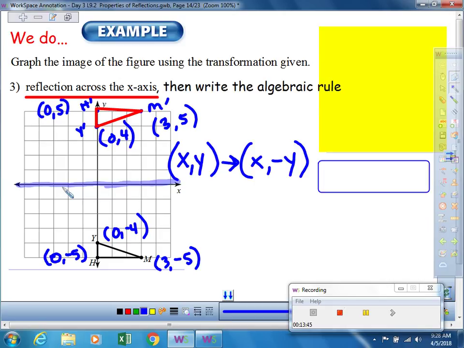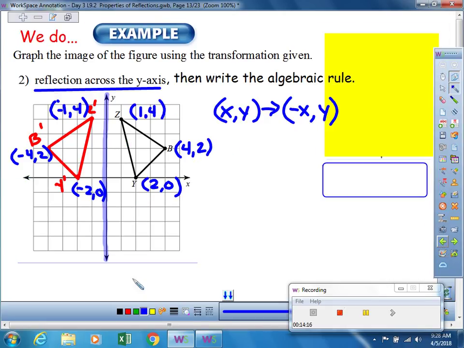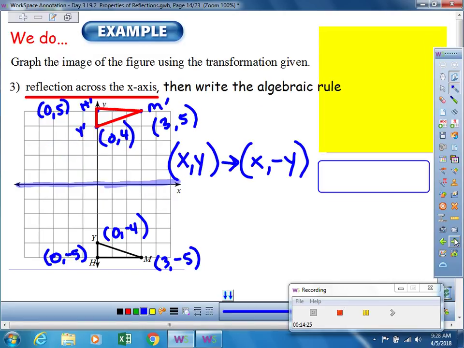Pay attention, please. If you're going over the x, the x stays the same and the y is the negative. If you're going over the y, the y stays the same, the x is negative. So that's the key: whatever axis you're going over, that variable stays the same. The other one's negative.